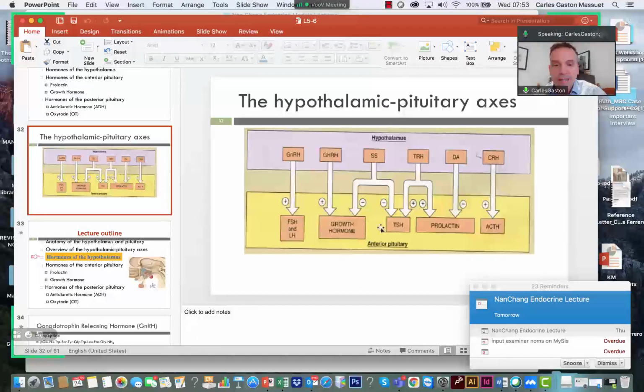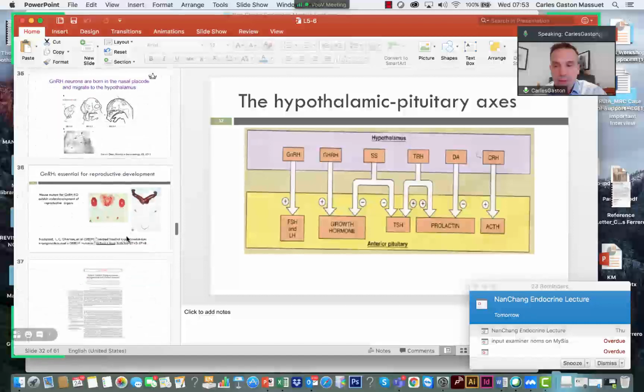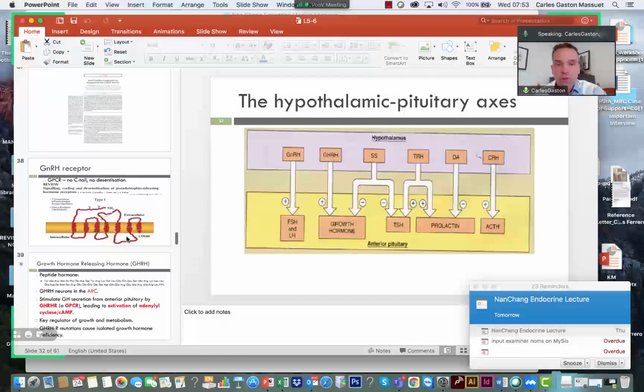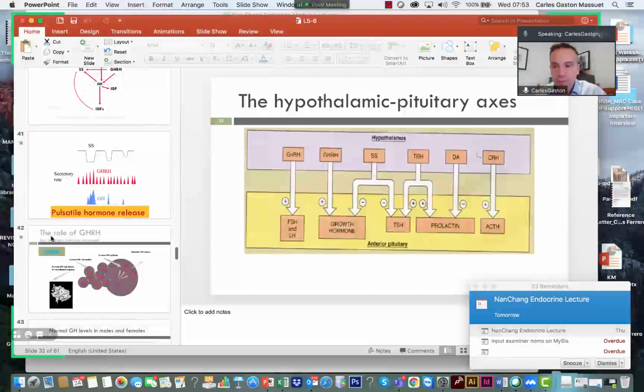So somatostatin has a negative effect on growth hormone. The more somatostatin we have, the less growth hormone. Somatostatin also has a negative effect on TSH. So remember this, high levels of somatostatin will inhibit growth hormone production.